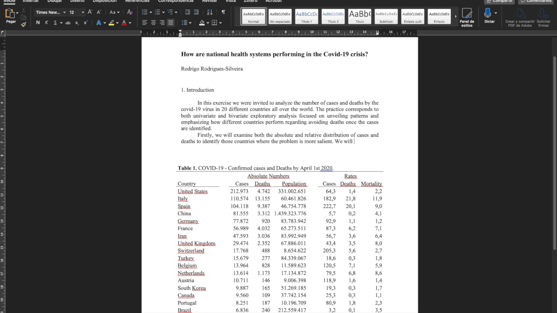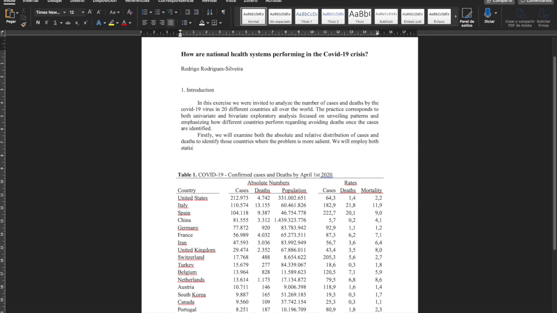We will use or employ both statistical measures and graphs to illustrate our main findings.